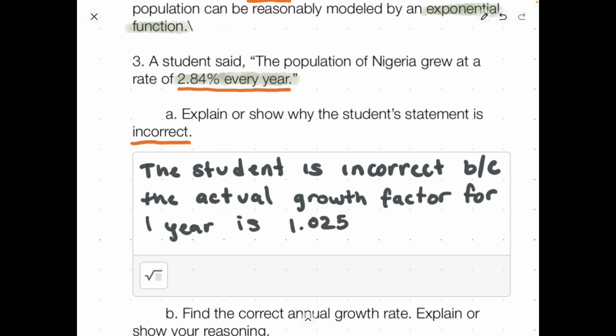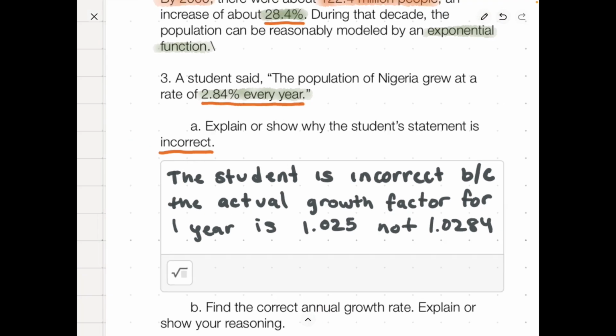So what they're saying is if I were to put what they wrote in terms of a decimal, that would have been 1.0284, which is not what we were growing by. We're growing by 1.025. So they were a little bit off in what they were calculating, okay?